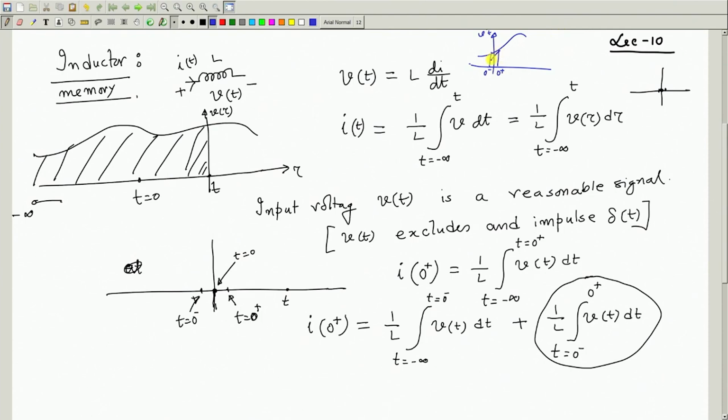Therefore, the area under the curve will be practically 0, because you have gone a little here, a little this side. So, the area enclosed is nothing but the area enclosed between 0 minus and 0 plus. That area will approach 0 because 0 plus means you have only crossed 0 immediately after that.